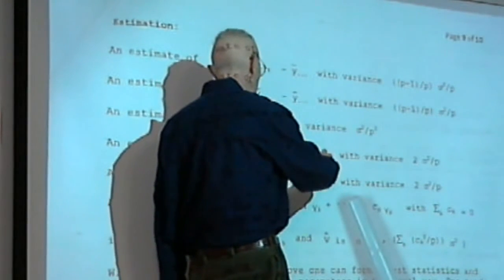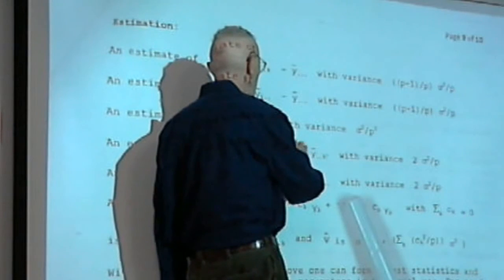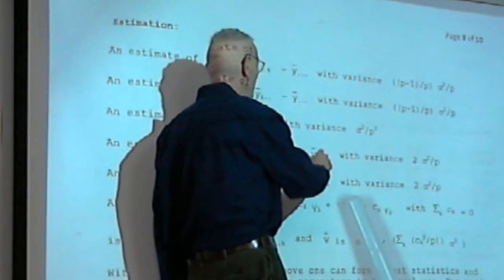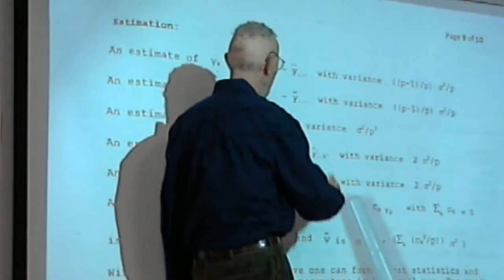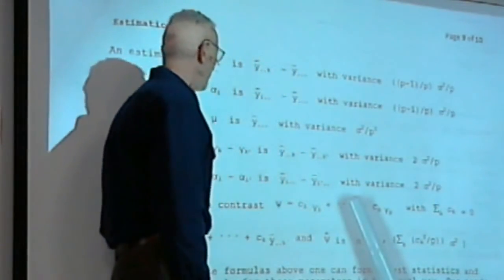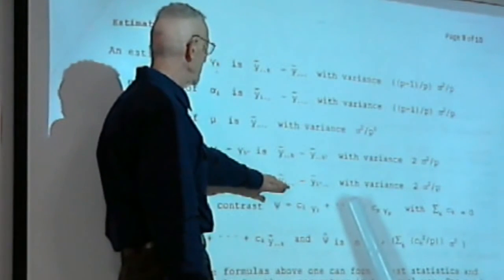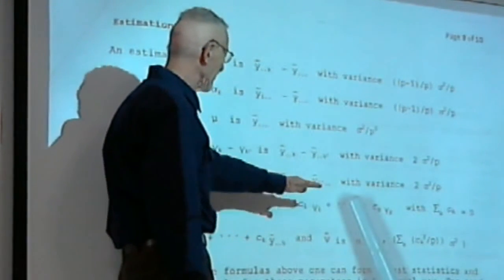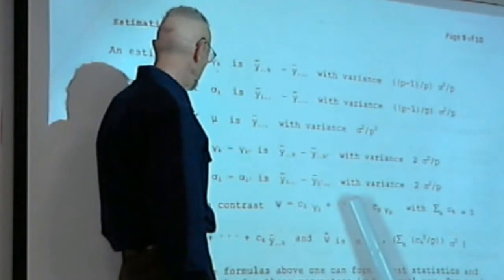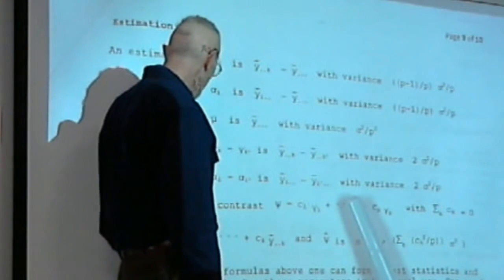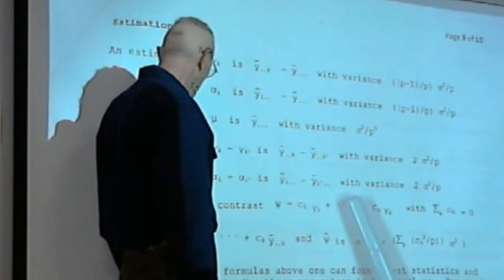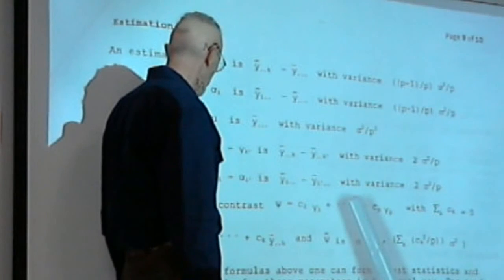So the variance of this thing is the variance of this, plus minus 1 squared drops out, the variance of this, and the sum of the two variances is that. Same thing on this, for a contrast, same formula we talked about earlier today, how do you derive the variance of a contrast? So that's just the same thing that we encountered earlier in the handout.